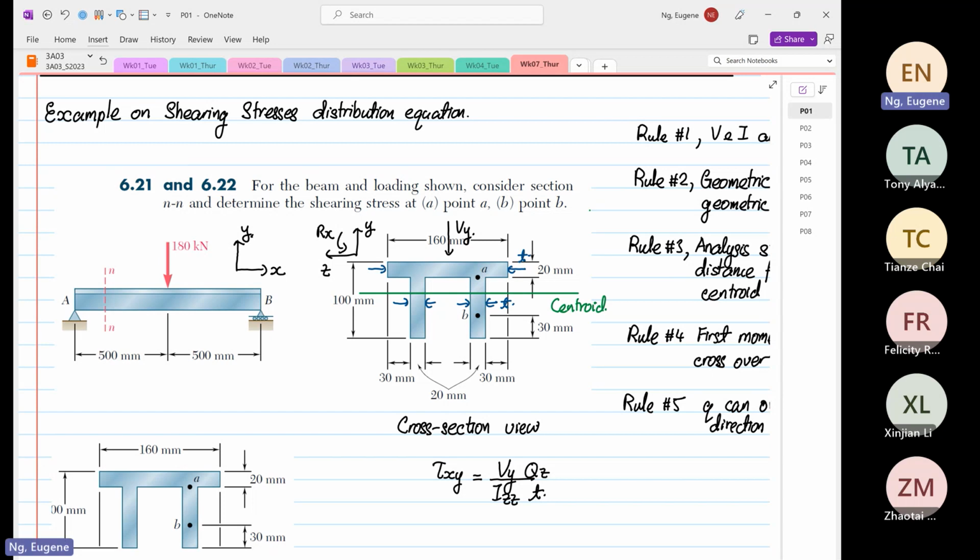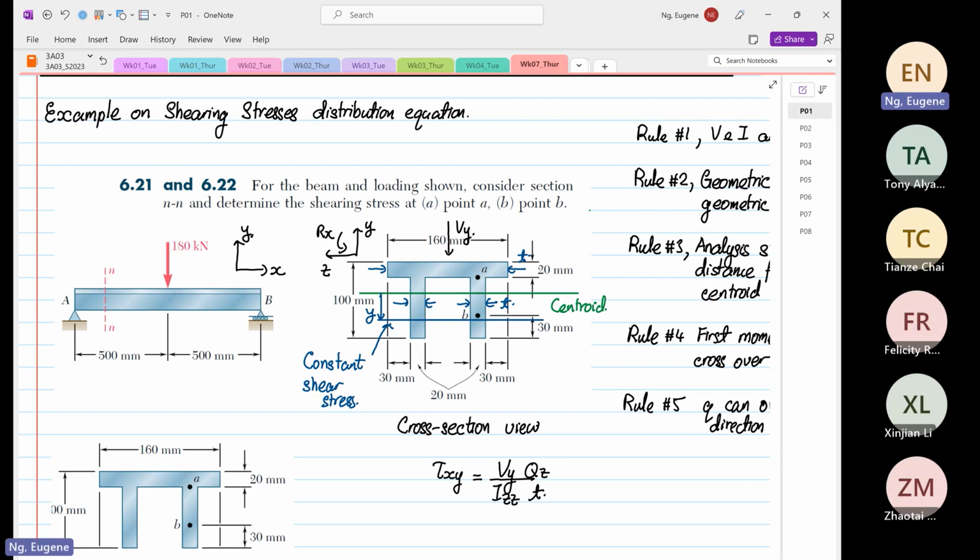And if I were to draw a blue line across, this has a certain distance Y away from the centroid. This line is also known as our constant shear stress line.